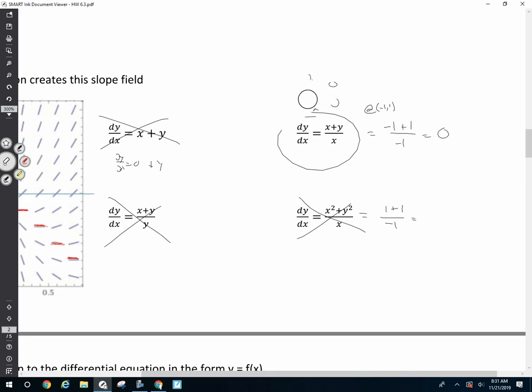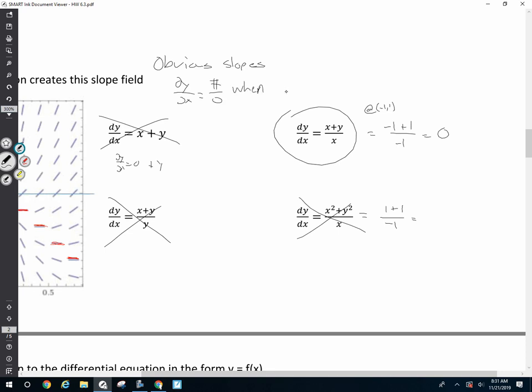Maybe I'll write that down and be a little bit more clear about this if you're just looking at the key. dy dx equals a number over 0 when x is 0, and dy dx equals 0 when y equals negative x. Like 1, negative 1, negative 1, 1. Plug in to check.